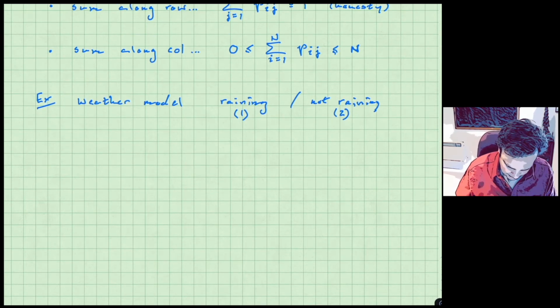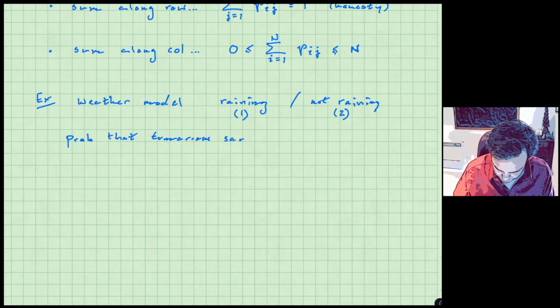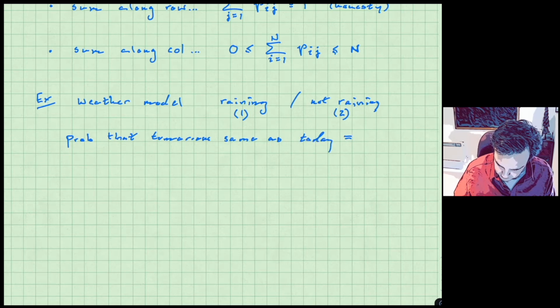And so here's our little model. Let's say the probability that tomorrow is the same as today is 0.8.